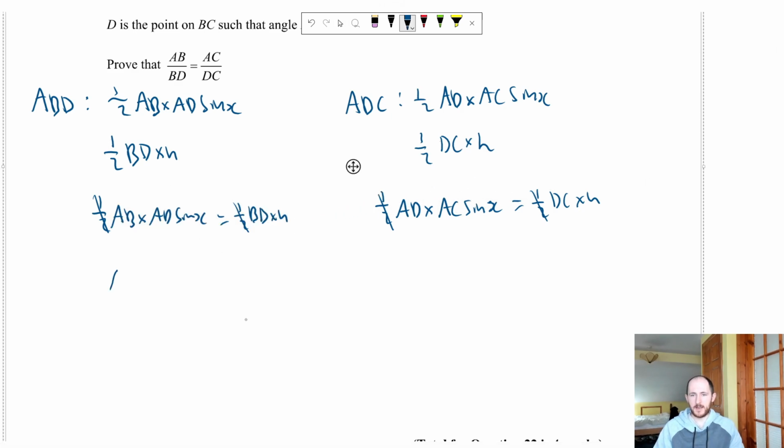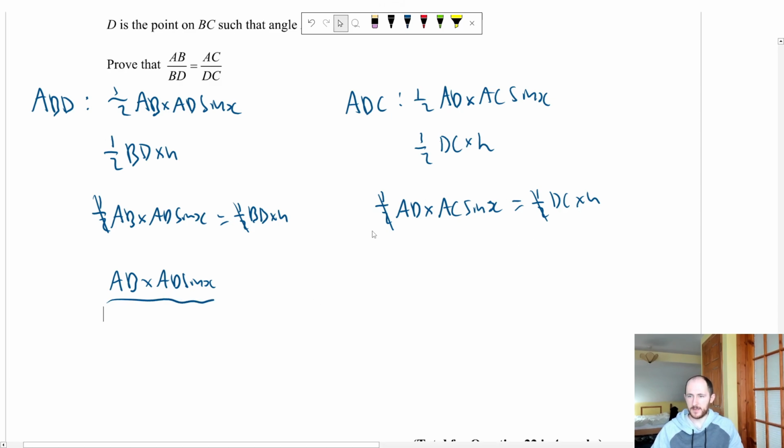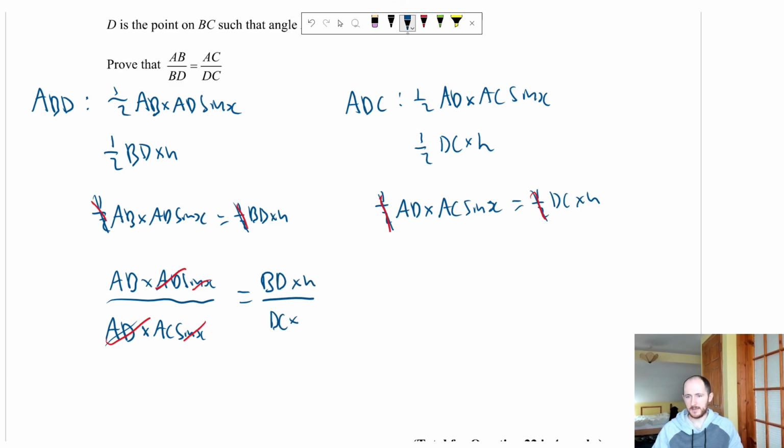We're going to have on the left hand side AB times AD sin X over the left hand side of this equation, AD, and those two cancel, times AC sin X. I should probably do my cancelling in red because it looks better. So cancel, cancel, cancel, and then the sin X also cancel, equals the right hand side, which was BD times h over DC times h.